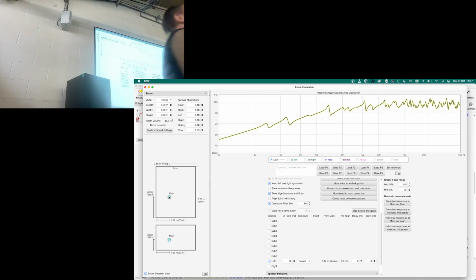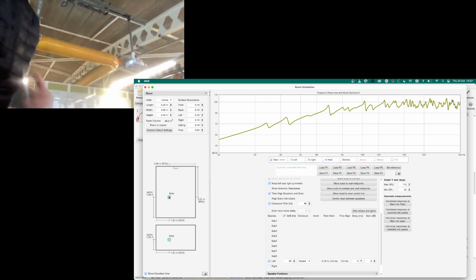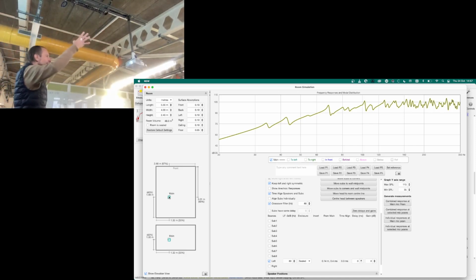So if I have a microphone and a speaker in the middle of the room, as far as possible from any reflection, let's say they're half a meter apart. Now the nearest wall is, let's say, 2 meters.